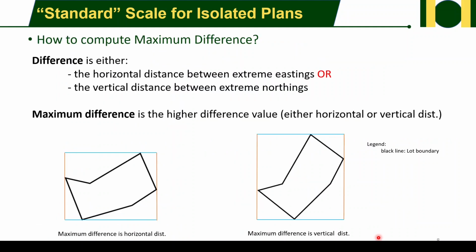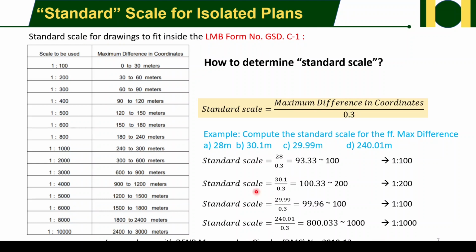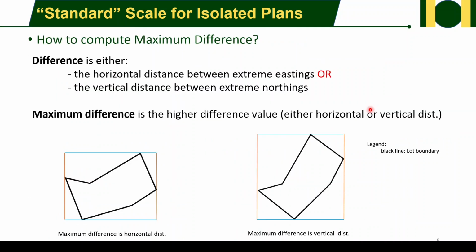If we look back now at standard scale, we have to use the maximum difference in coordinates. So what is maximum difference in coordinates, and how are we going to compute it?